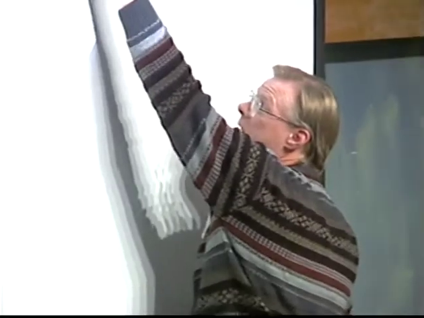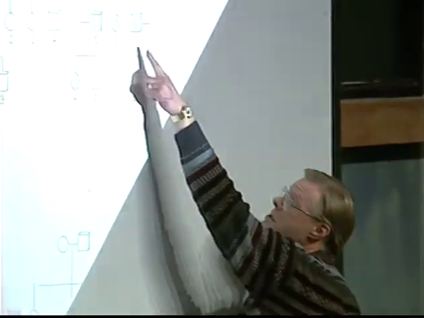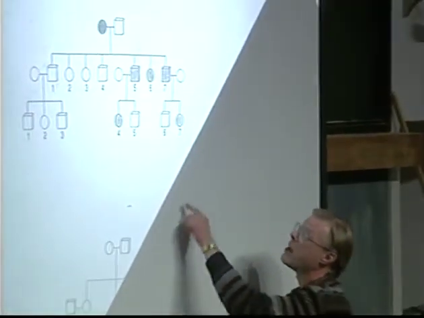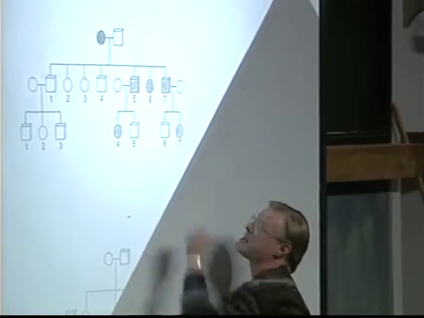So if it's dominant, then the next thing you should do is look at the offspring of affected males and ask, is it consistent with X-linked? If it's X-linked, this individual should produce all affected daughters and no affected sons. Same thing with this individual. You've got two independent lines of evidence there that are consistent with that.